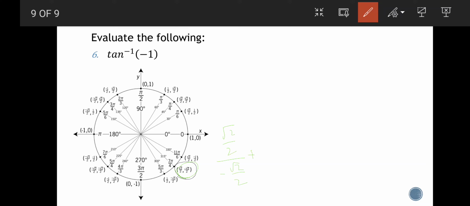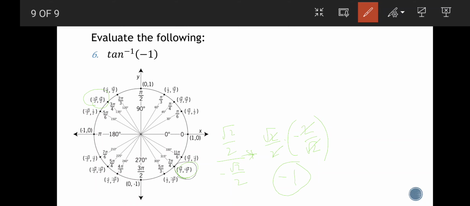That will give us square root of 2 over 2 times negative 2 over square root of 2. This will be cancelled out and you will have negative 1. The other one could be 135 degrees. You have negative square root of 2 over 2 and square root of 2 over 2.